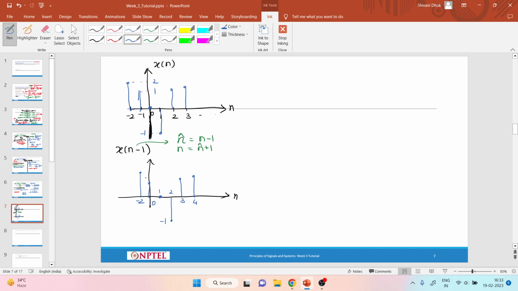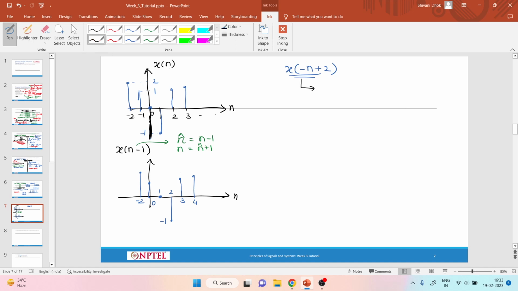If I have +1 here, then I'll shift it towards the left. Now the issue is something like x of -n plus 2. When you are given this, you can solve it in two ways. I'll go step by step.